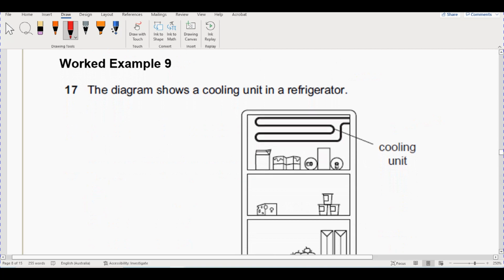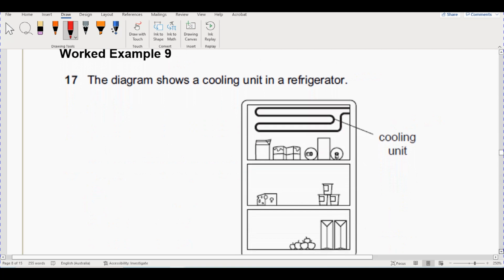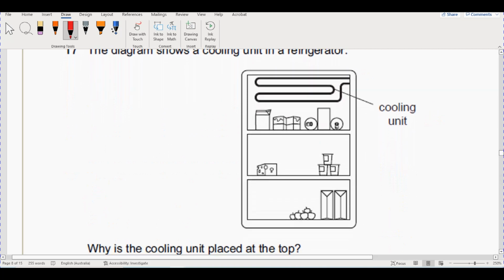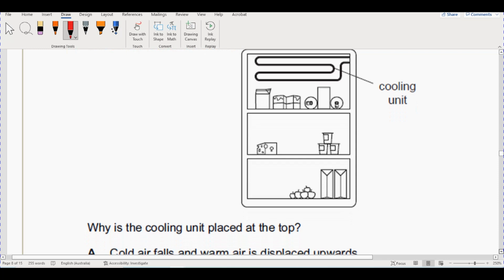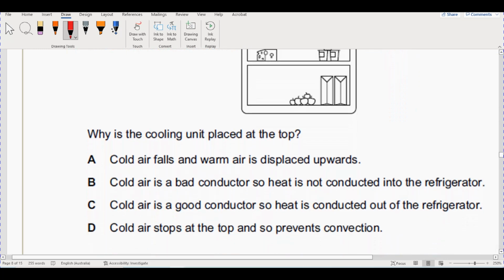Okay, the diagram shows a cooling unit in a refrigerator. In this case, the cooling unit is on the top of the refrigerator. So why? You need to give a reason for placing it at the top. Cold air falls and the warm air displaces upwards. Is that good? How about cold air being a bad conductor?